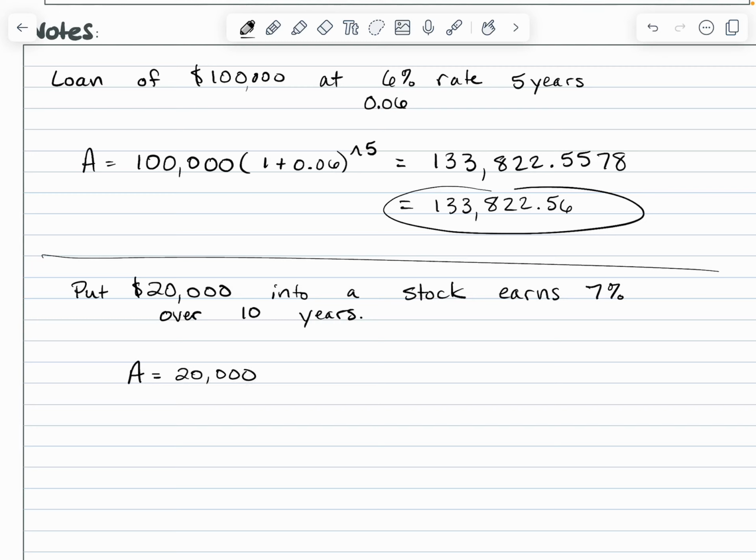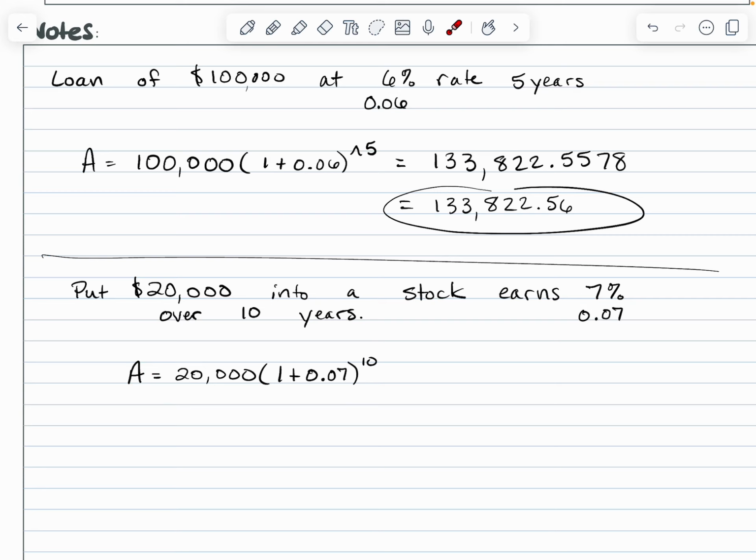And it would be this. So 20,000 is P. 1 plus 7% is 0.07. And then my time period is 10 years. So we're going to type this into the calculator just as it is.